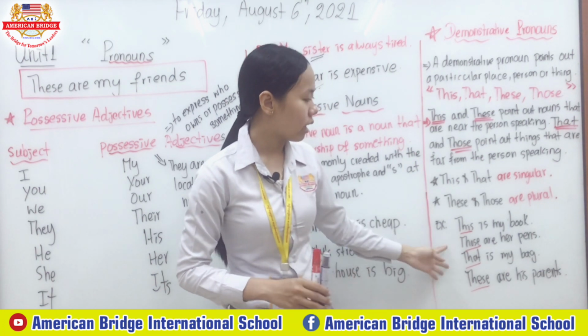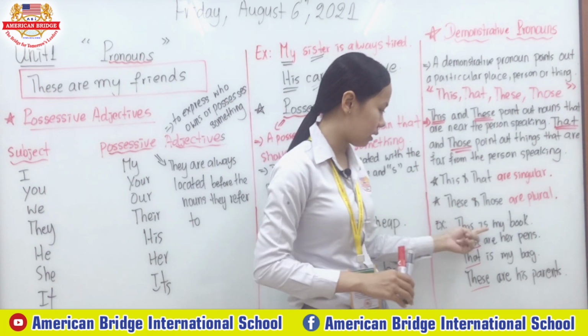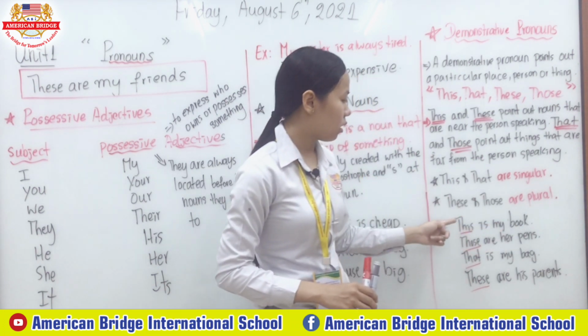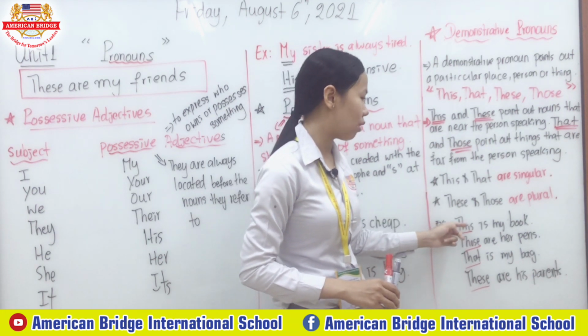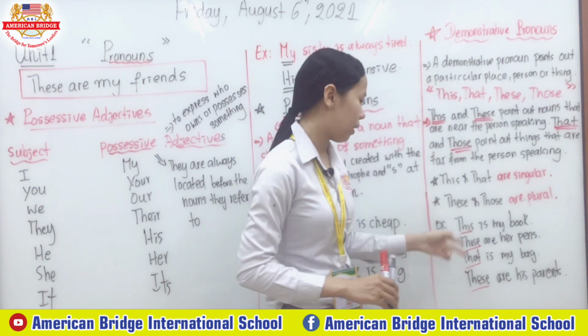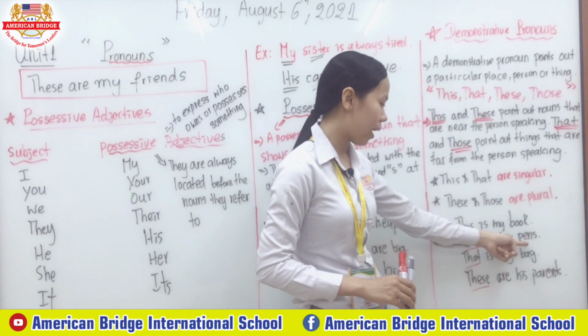You can look at the examples here to understand more. Like, this is my book, you see. This here is used to point out a noun that is near the speaker, while those are her pens here.